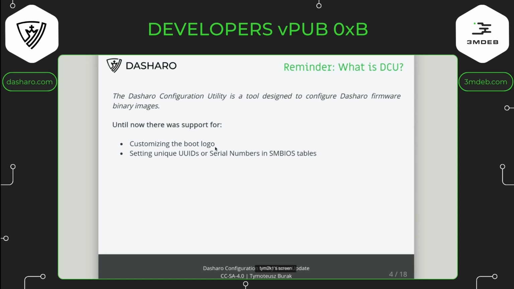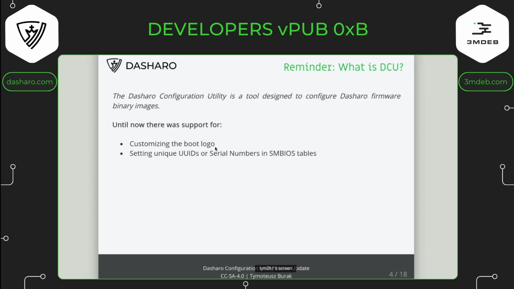So it was published around 7 months ago, and until now there was support for customizing the boot logo and setting unique UUIDs or serial numbers. And yeah, it was introduced at the Dasharo User Group 4.